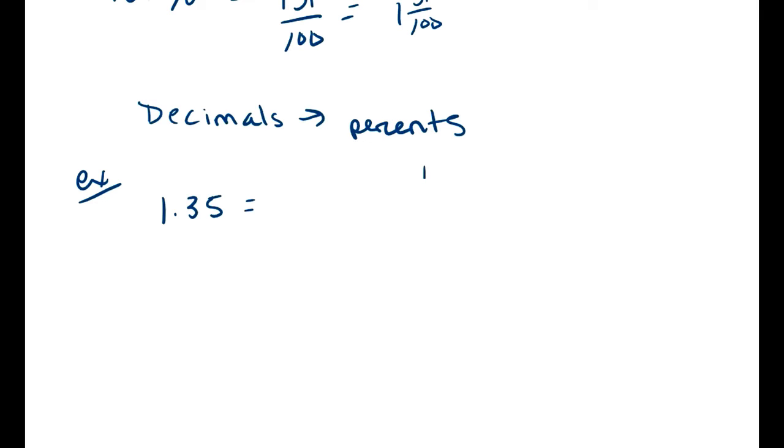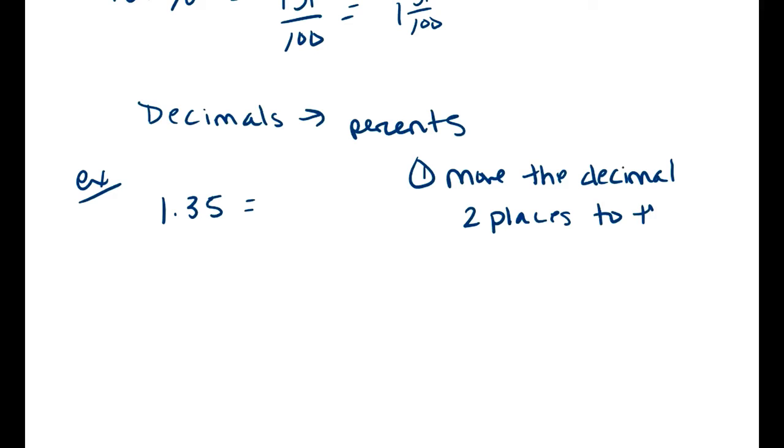So in this case, you're always going to move the decimal 2 places to the right. All right, so no matter where it is, you're going to move it 2 places to the right. 1, 2 would give me 135%.